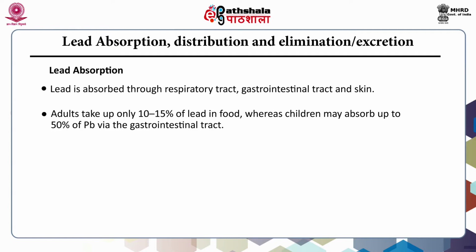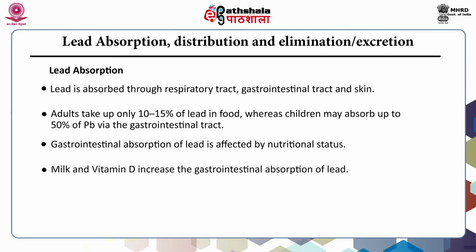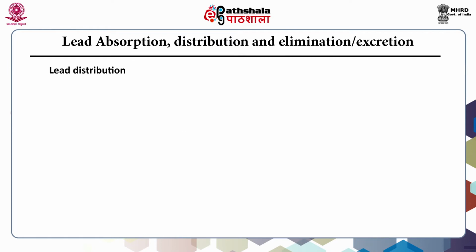So, we can say that absorption of lead in children from the gastrointestinal route is more than in adults. Gastrointestinal absorption of lead is affected by nutritional status. Milk and vitamin D increase the gastrointestinal absorption of lead.